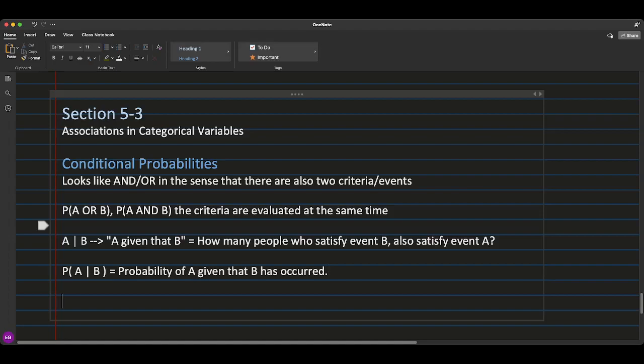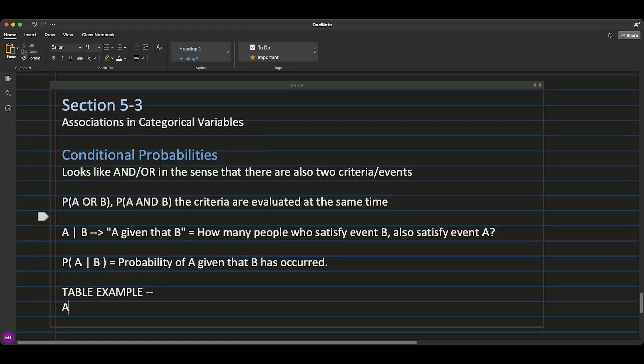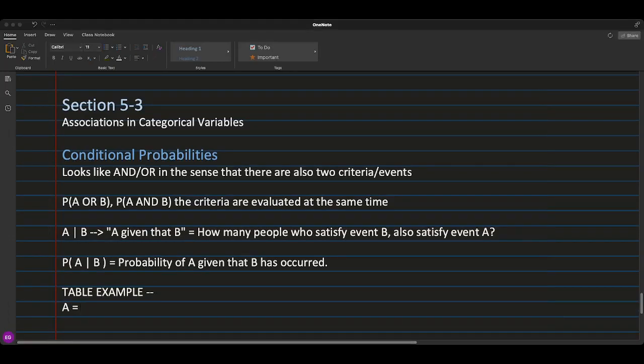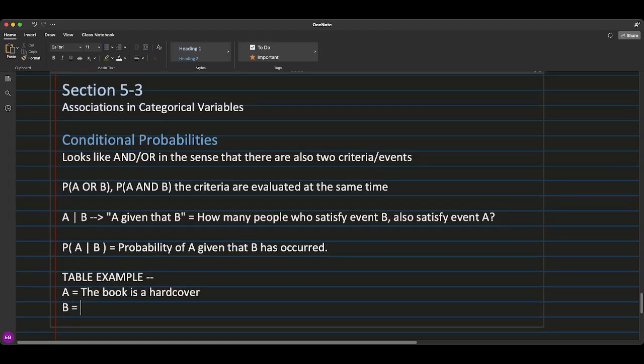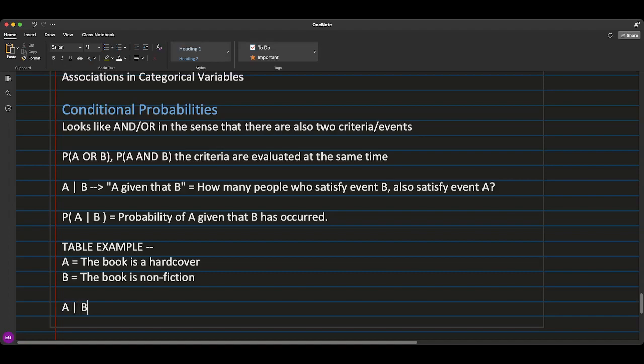Okay, so let's do an example here with a table. We're going to go back to our book data, and we're going to use the same events. Event A is that the book is a hardcover. Event B will be that the book is nonfiction. So what's A given that B?